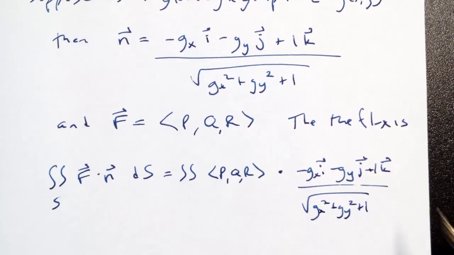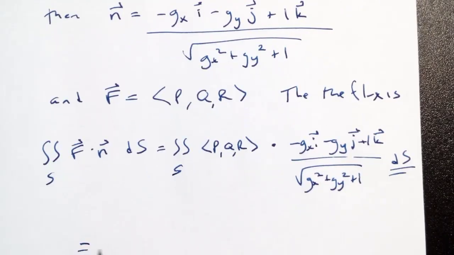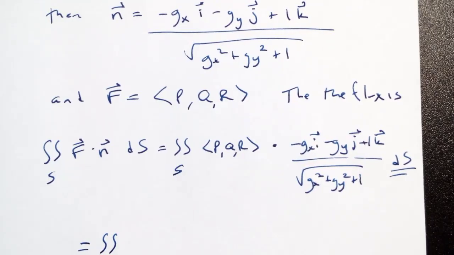And then I need the dS part, right? What's dS when I have a graph?